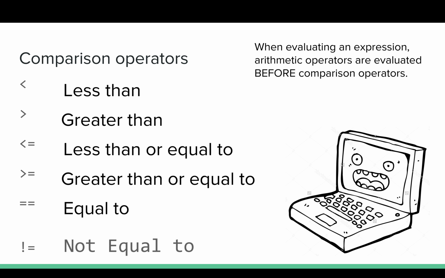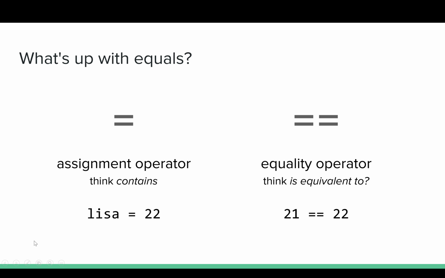So what are the operators? These are the six operators that give us the Boolean value: less than, greater than, less than or equal, greater than or equal, equal, and not equal. One thing I want to remind you is that a single equal sign is actually an assignment operator.